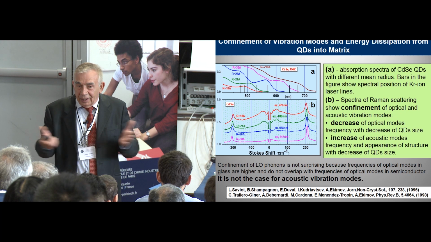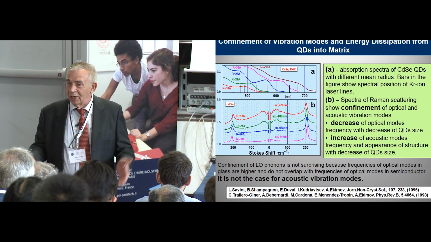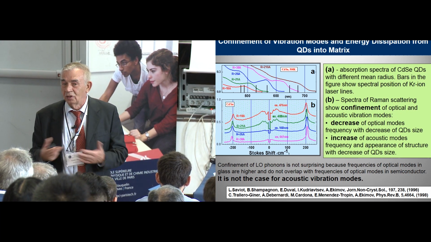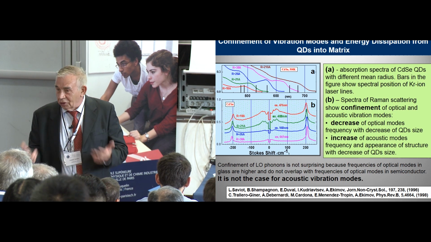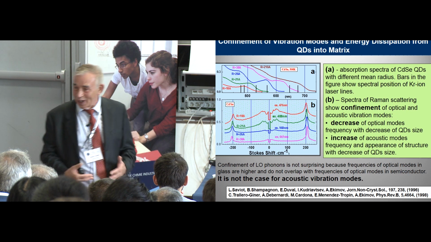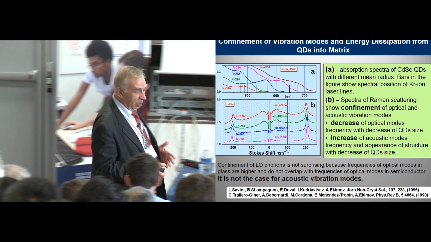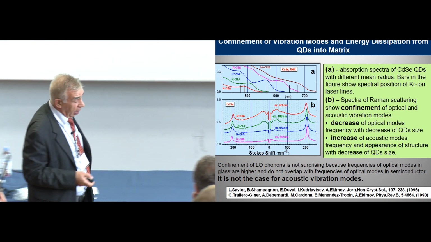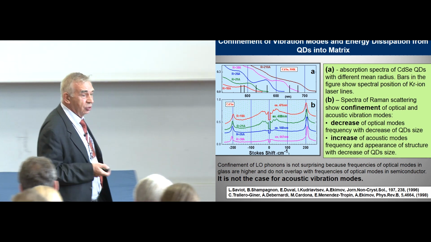So the first statement was there is some material without Fröhlich interaction at all. Now, of course, this kind of extreme things are not fully right, but in some sense it may be right.